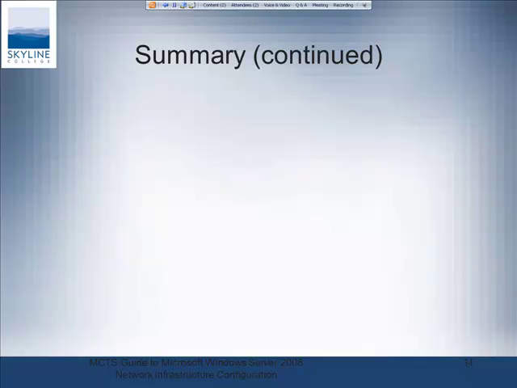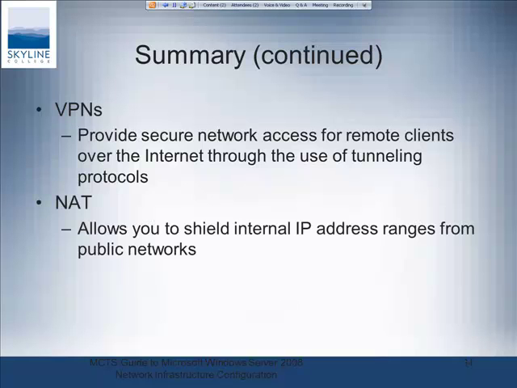Demand dial routing you may need to do. The thing about demand dial or dial-in routing is VPN is a dial-in service. You have to be authorized dial-in before it's going to work. VPNs and NAT we talked about, you've looked at that.